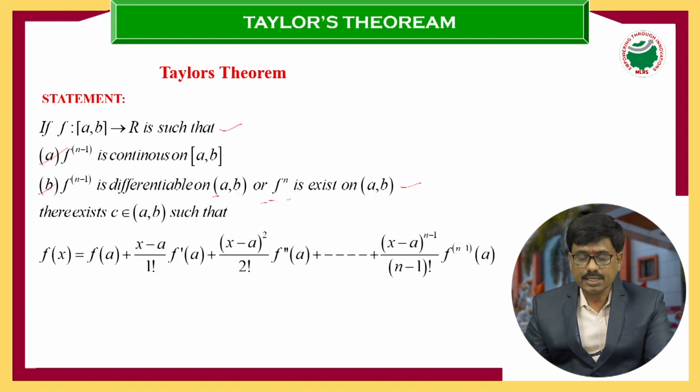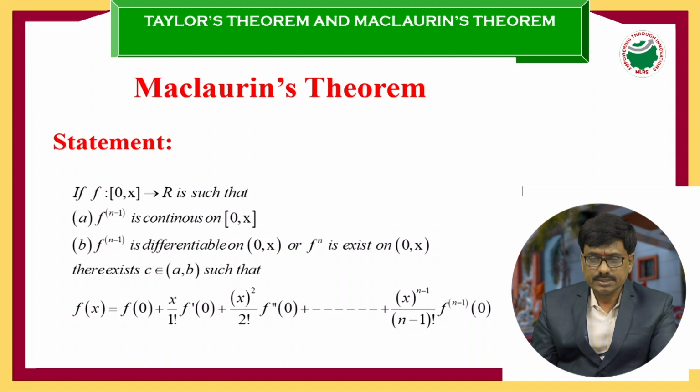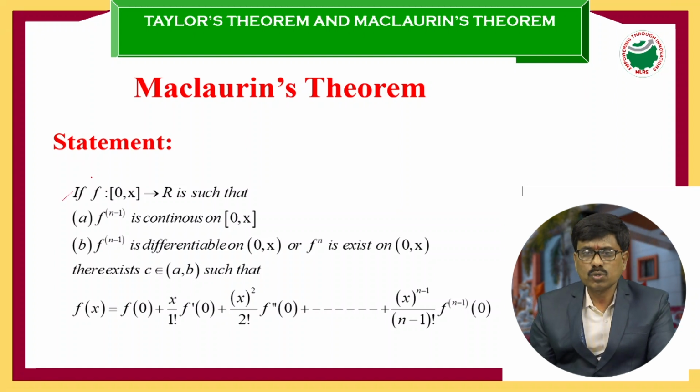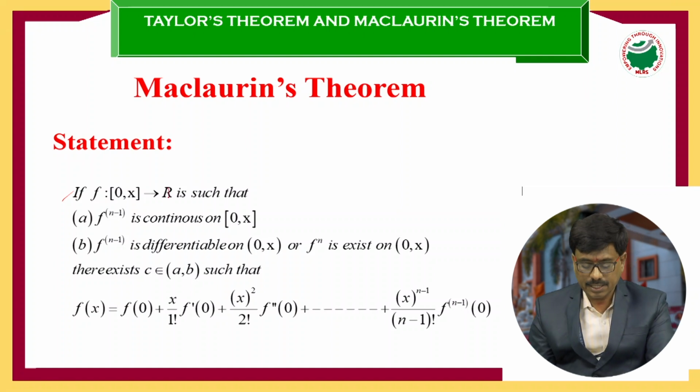Further, I am extending Taylor's theorem in the form of the Maclaurin series. In Maclaurin's theorem, f is a function defined from the closed interval [0, x] to R, the real number system.